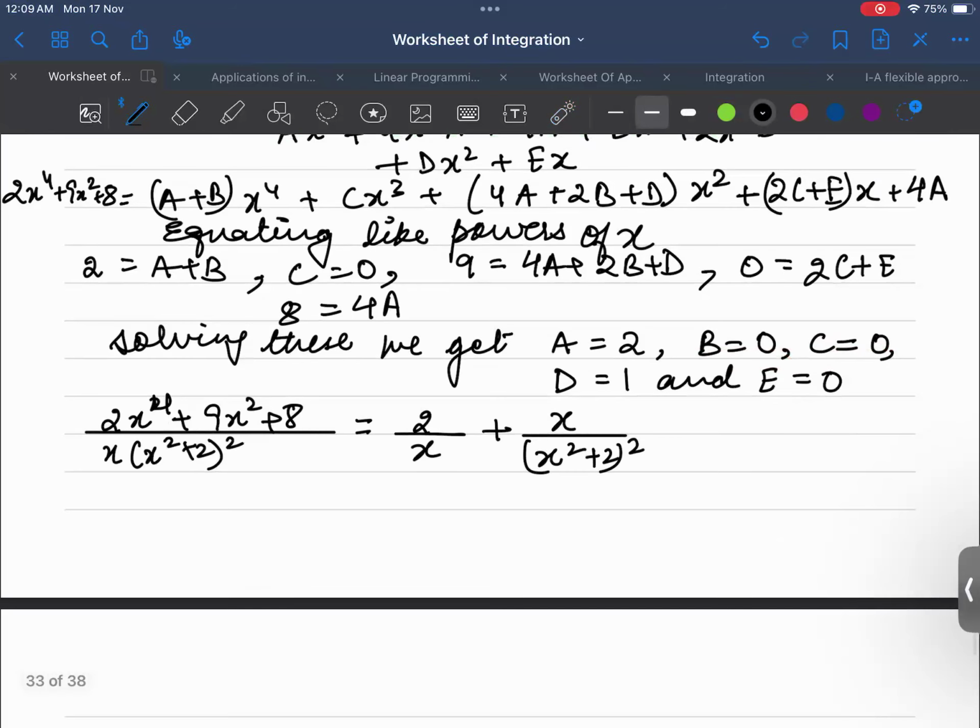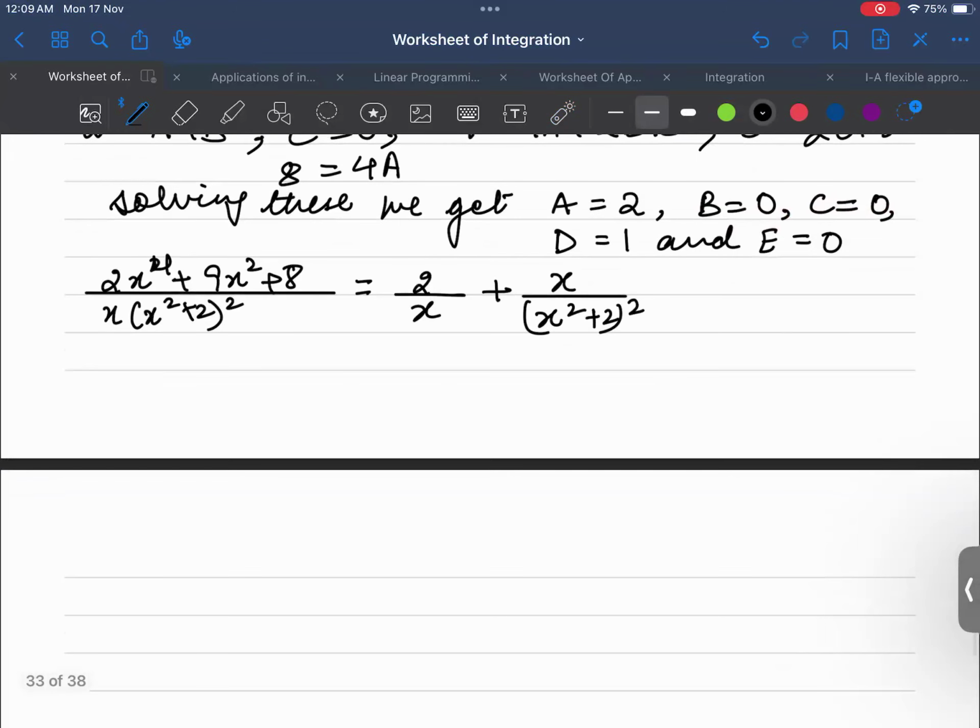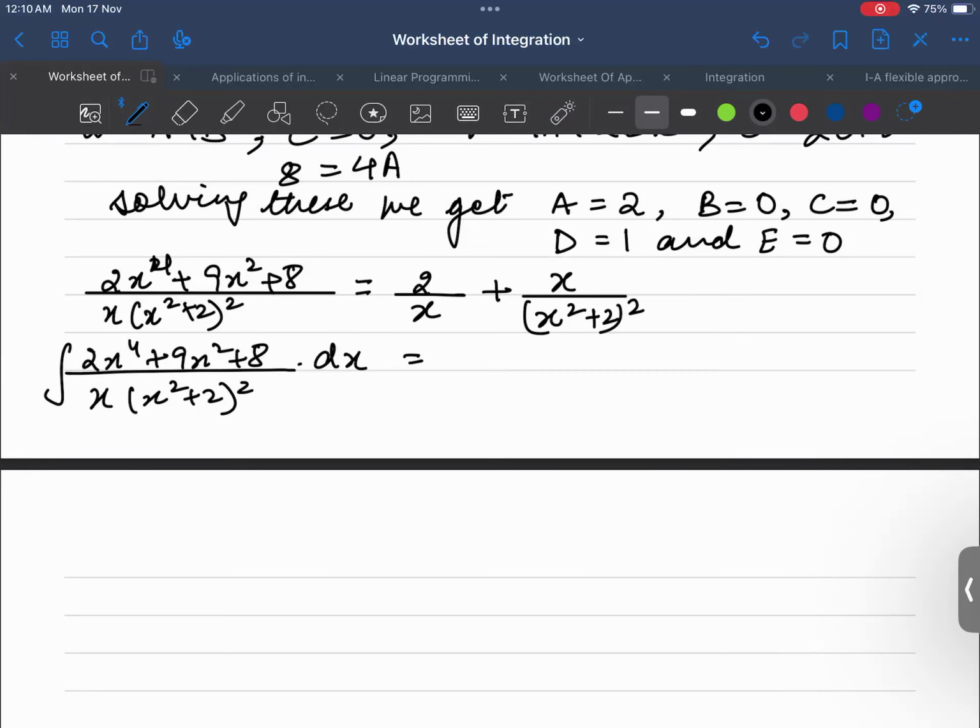Now we will integrate it. The integral of 2x power 4 plus 9x square plus 8 over x square plus 2 whole square, because this was the question, with respect to x, would be 2 outside, integration of 1 upon x dx plus integration of x upon x square plus 2 whole square dx.